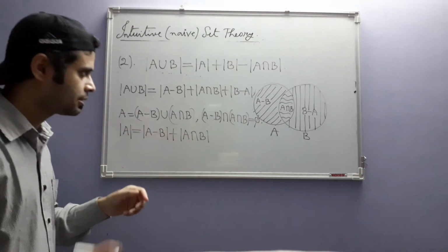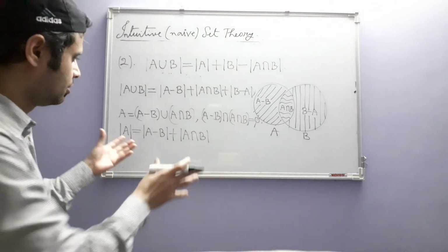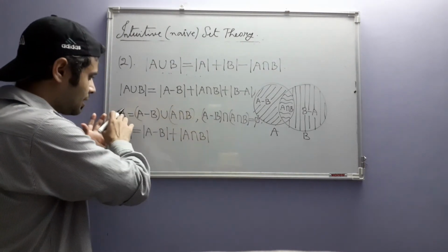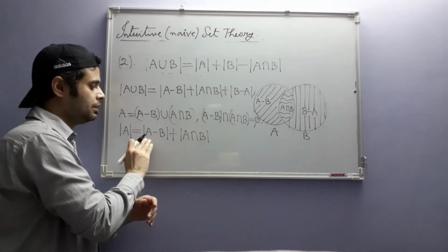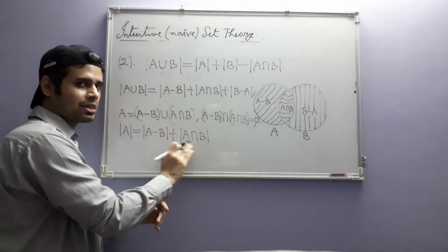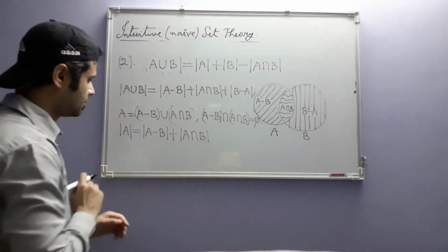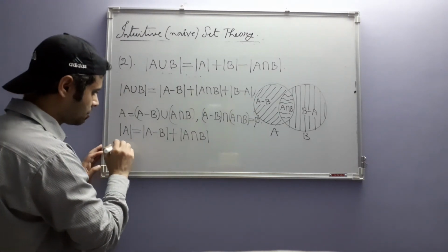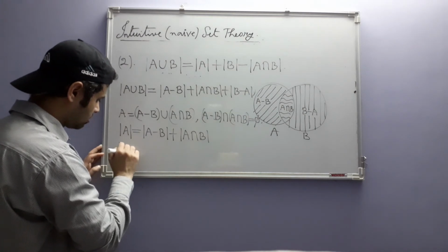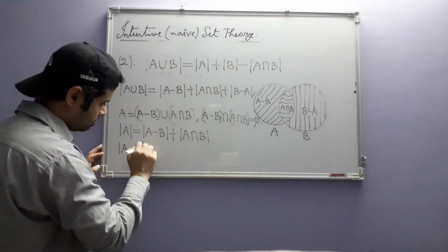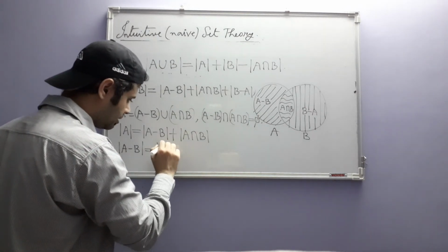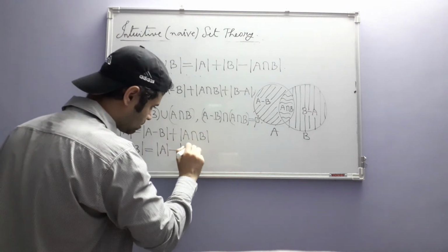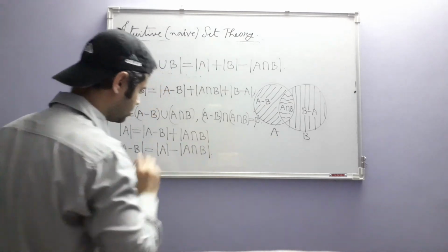Because these two sets have no elements in common. So their union is something. So the number of elements in that union will simply be the number of elements in this plus the number of elements in this. Now from here, what do we get? Cardinality of A minus B is cardinality of A minus cardinality of A intersection B.